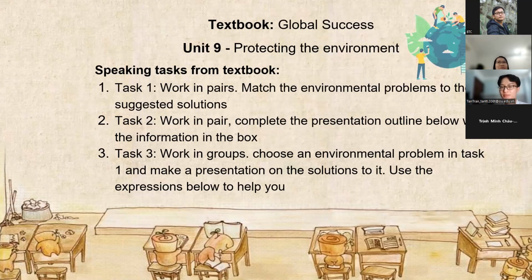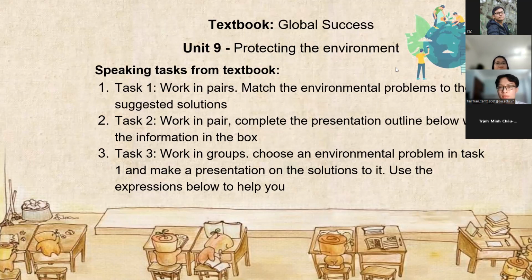So now take a look at this one in the textbook. The textbook writers suggest that we do 3 tasks. In task 1, students work in pairs and match the environmental problems to the suggested solutions, a kind of matching activity. Task number 2, they work in pairs and complete the presentation outline below with the information in the box.